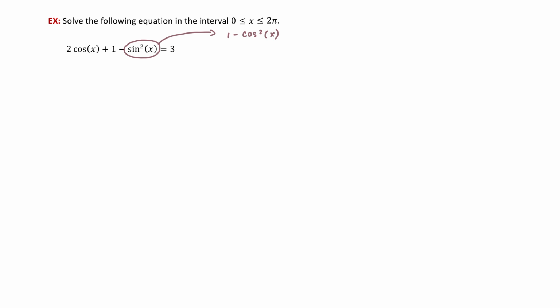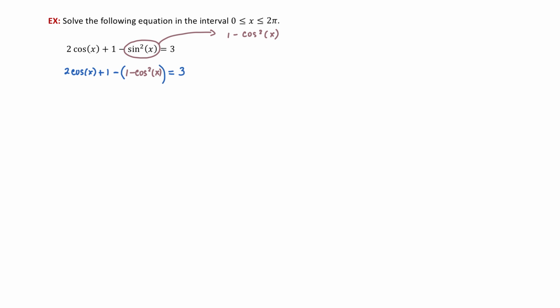So if we do that, we are going to have 2 cosine x plus 1 minus, I'm going to put brackets here, and now I will substitute 1 minus cosine squared x in place of sine squared. And that's going to be equal to 3. And this is nice because now, if you notice, the only variable that I see there is cosine x.